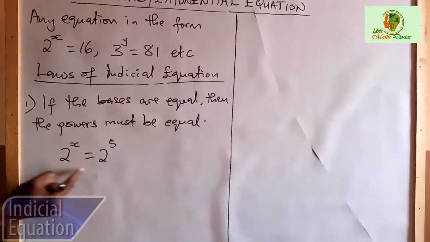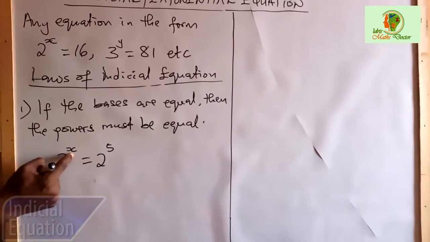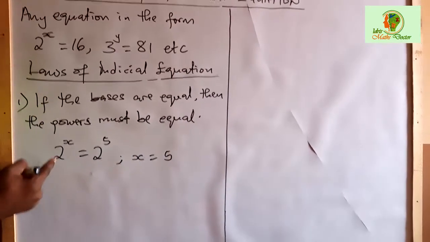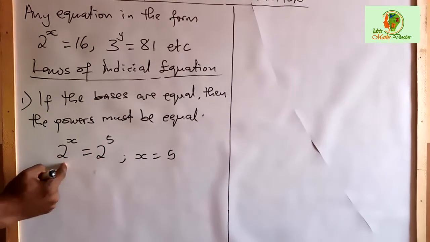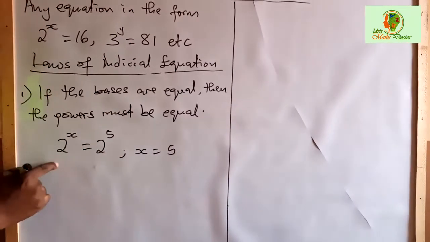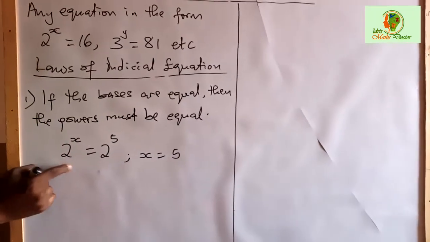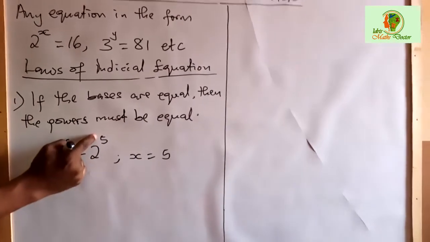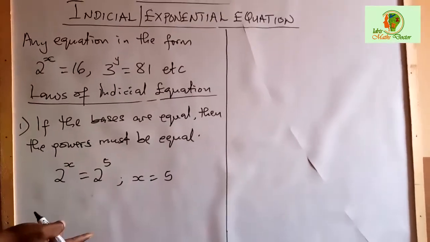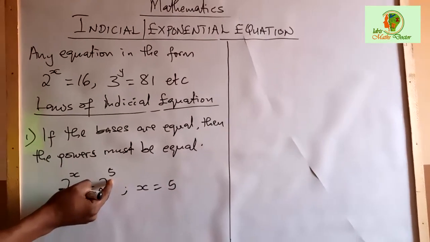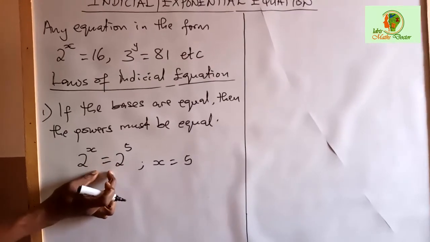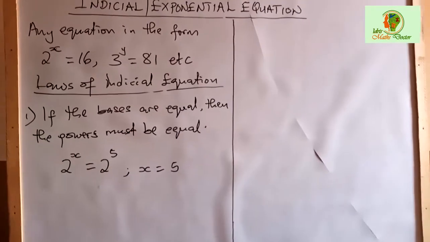The base here is 2, the base here is also 2. x must be equal to 5. If the bases are equal, the powers must be equal, so that the left and the right hand side will give us the same answer. 2 raised to power 5 is 32, and 2 raised to power 5 is 32.